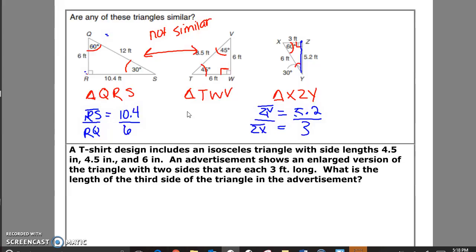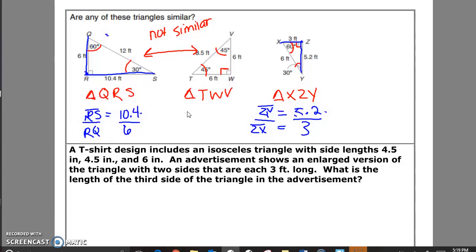Making sure I use those corresponding sides that we talked about earlier. Notice how my R started with 90, so I did the longer side, that's the 10.4, longer side, that's the 5.2. Then I did the shorter side here, and the shorter side here. Okay, I could have chosen any other side, but that's just what I chose to use.